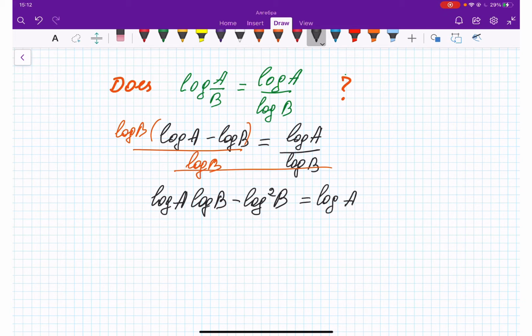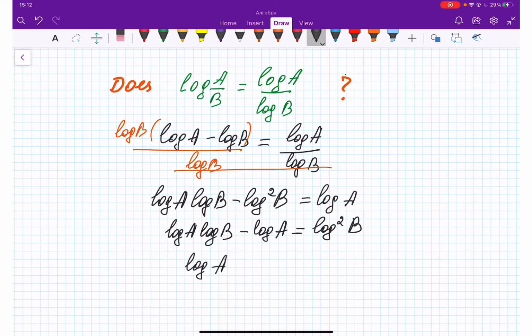Okay, so I'm moving log a to the left side and log square b to the right side, and I'm getting log a log b minus log a, and that is equal to log square b. Taking out log a as a common factor, I get log b minus 1.